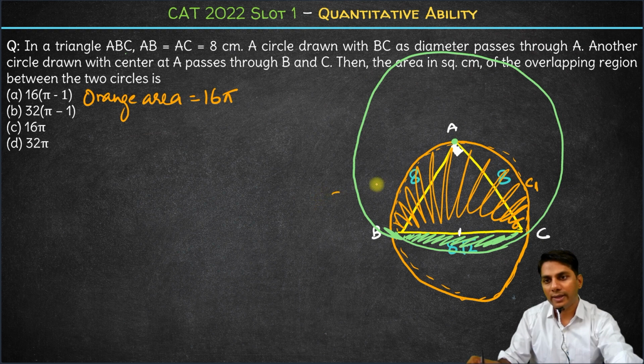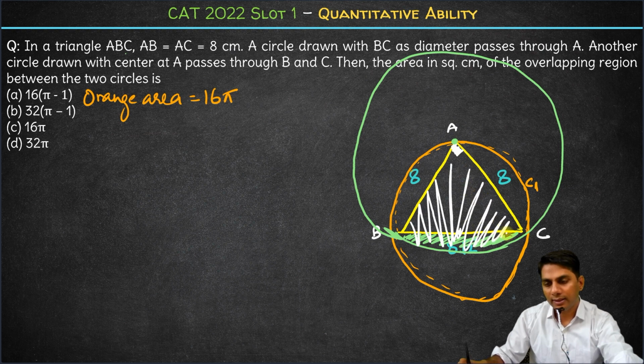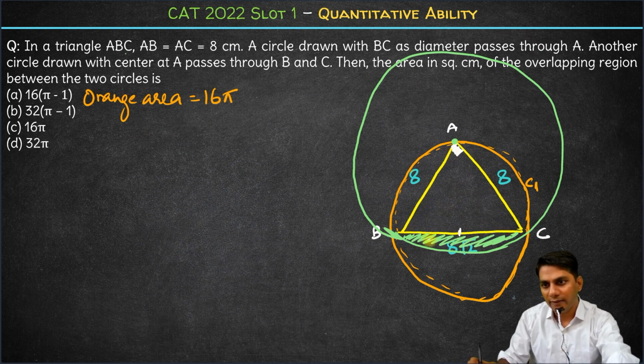Now how can we calculate the area of the green part? The area of the green part can be calculated if you consider the bigger circle. This is a sector of the circle, right? And this sector has an angle of 90 degree. So from this whole sector, if we just subtract the area of triangle ABC, we'll be left only with the green region, right?